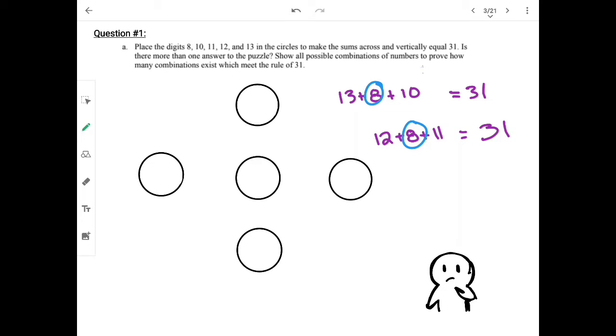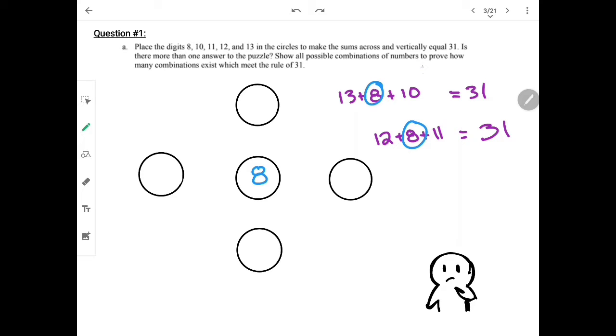So once we realize that 8's in both of these equations, we'll figure out that 8 more than likely needs to go in the middle so that it can be added to these two numbers and these two numbers. That way we get 31 going vertically and diagonally.